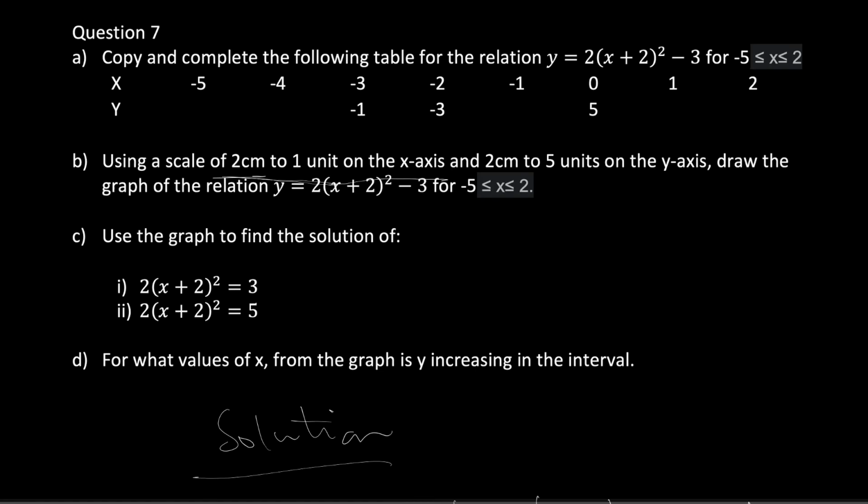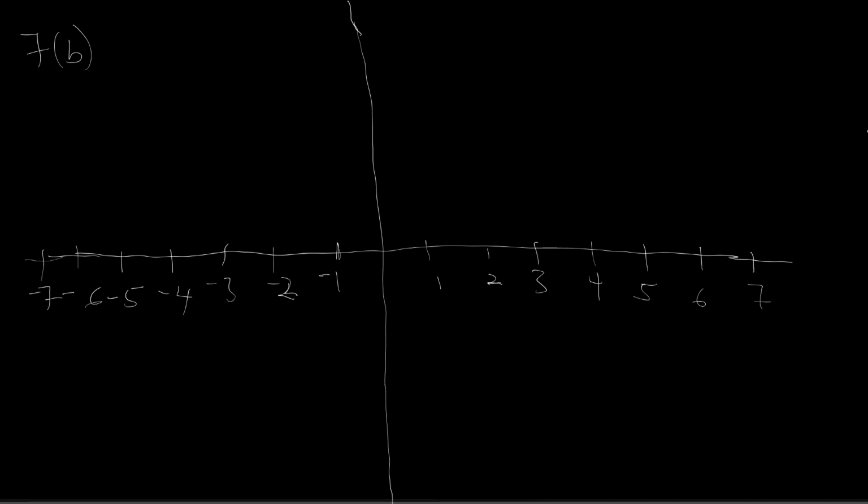Then from the question, we are told to take 2 centimeters to 5 units on the y-axis. So for every 2 centimeters is 5 units. So 5, 10, 15, 20, 25, 30, 35.